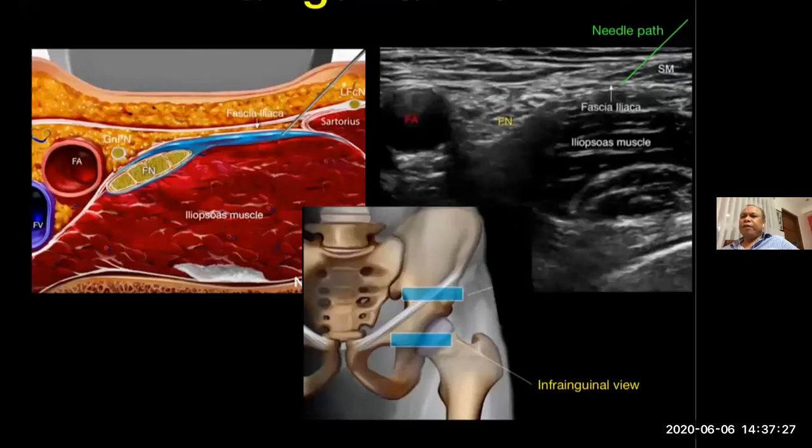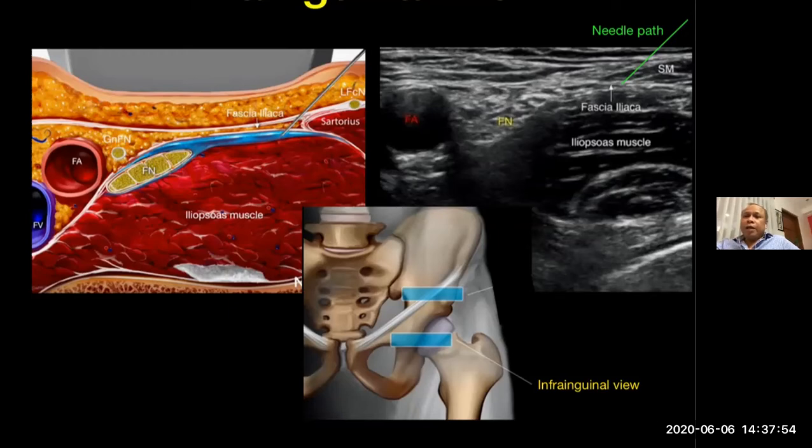And there is a very thin layer over there that we can see, and that is where we have to position our needle in such a way that we will be able to approach this. As the fluid trickles down on those areas, it will actually distribute on those different areas. About 10 cc of fluids is sufficient to cover all those specific areas in the infrainguinal area approaching the fascia iliaca.